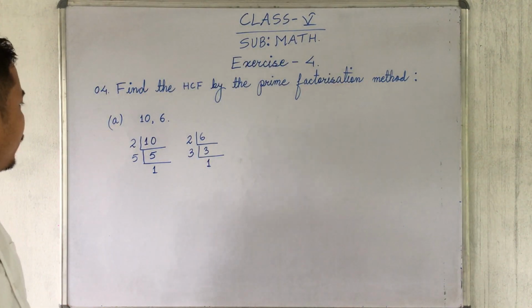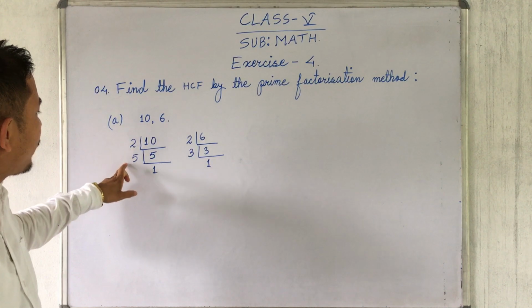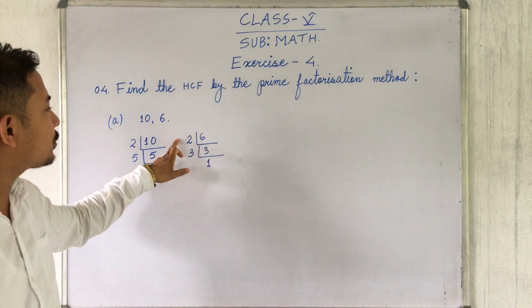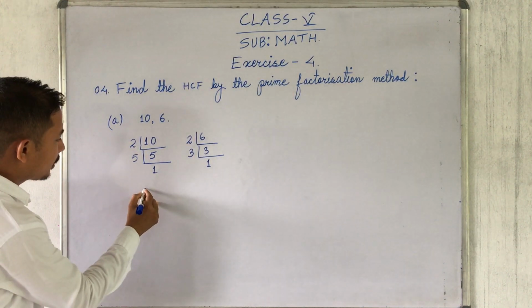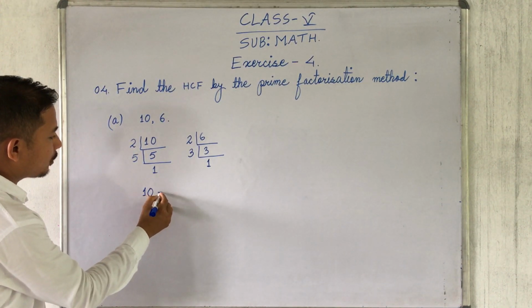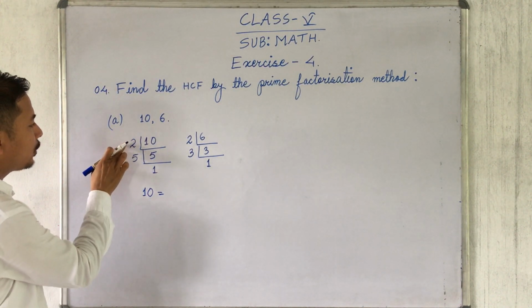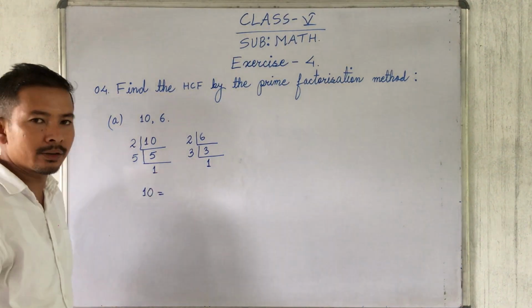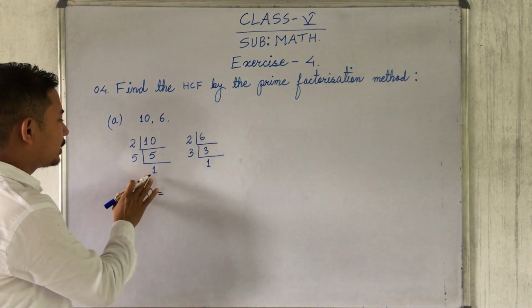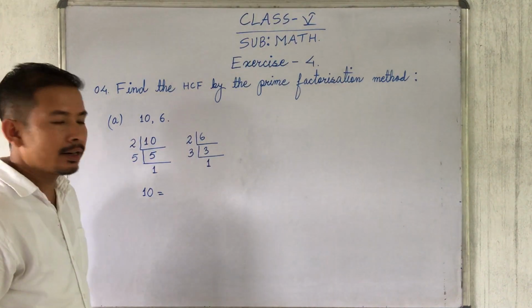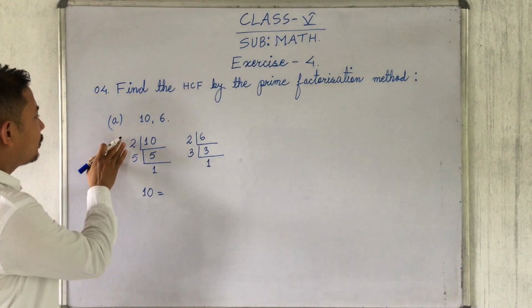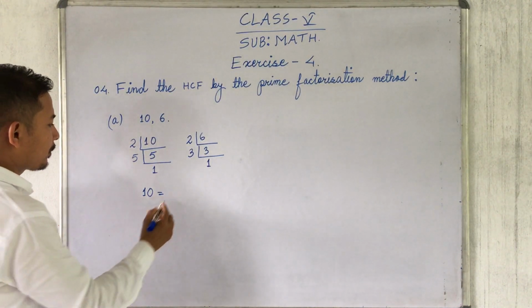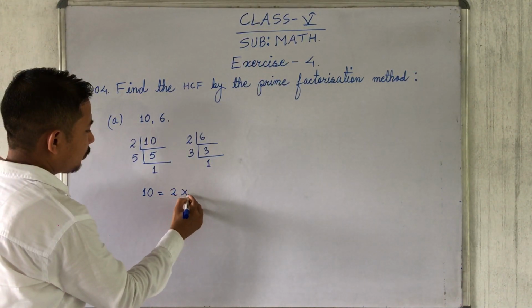So this way we have got the factors of 10 as 2 and 5, and the factors of 6 as 2 and 3, right? So look here, we have to write 10 equal to 2 into 5. The 1 which we got at last, no need to write. So 10 equals 2 into 5.